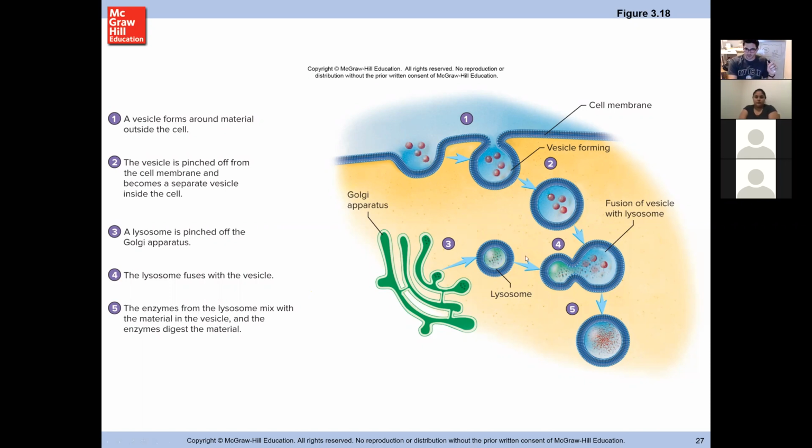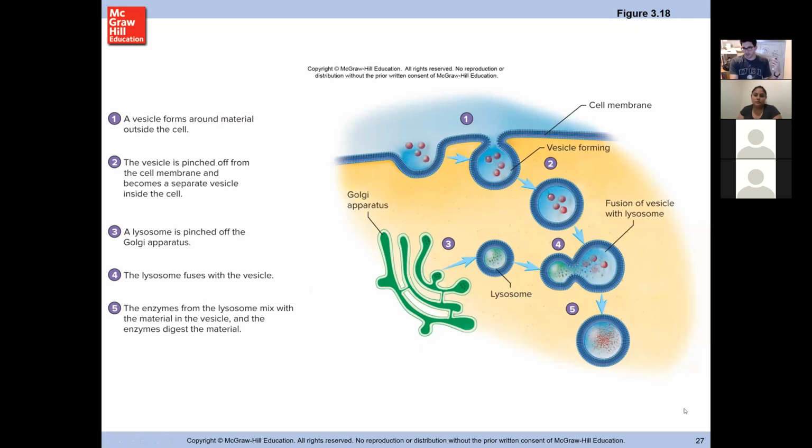So what we're seeing here is the fusion of this lysosome that gets produced by the Golgi body with the vesicle that has some sort of foreign particle, and then those enzymes will break down whatever is inside of this digested vesicle. Be broken down, and then whatever it is can either be ejected through exocytosis or further metabolized into other things that the cell needs.